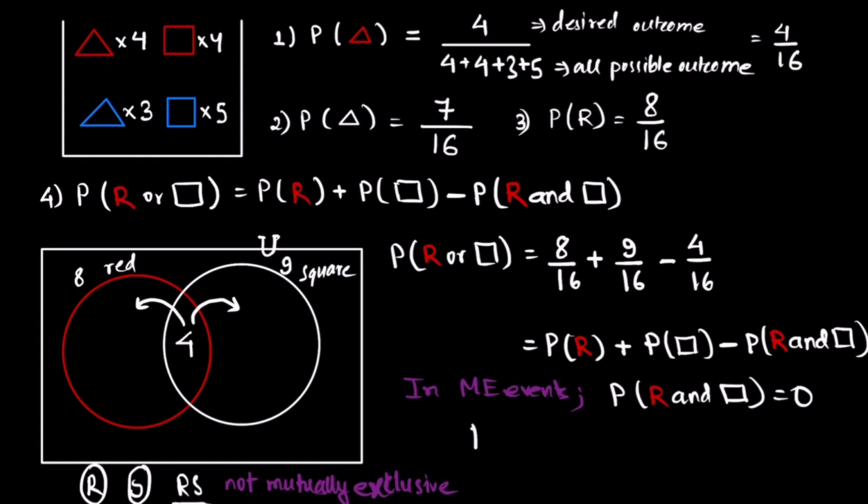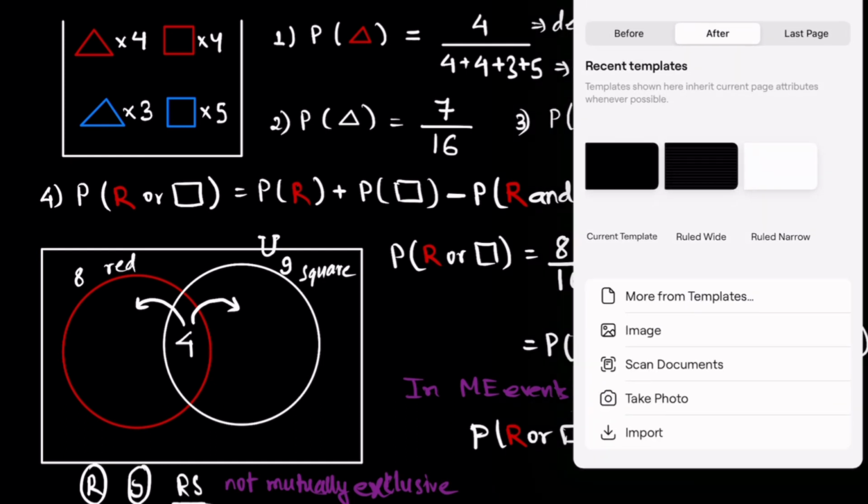So the probability of getting red or a square would simply be equal to probability of getting red plus probability of getting a square. Okay, last example. Let me give you the last example. Let's say what I have here is a deck of cards which has a total of 52 cards.